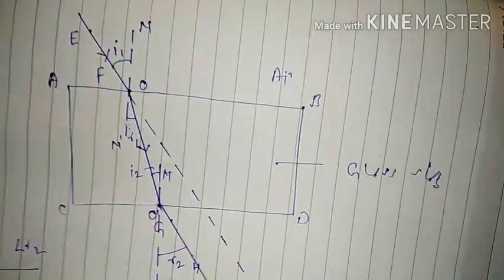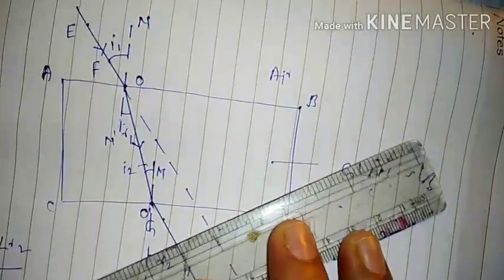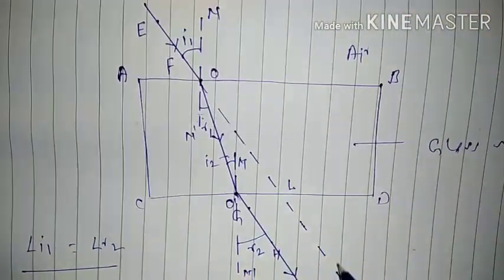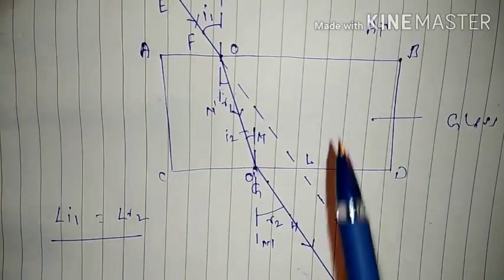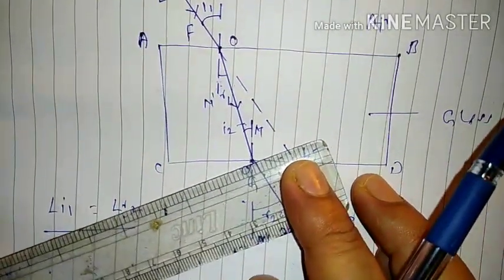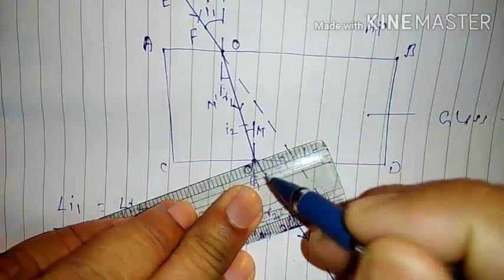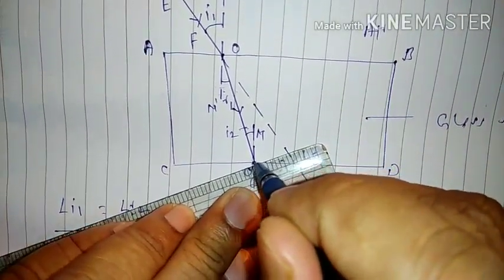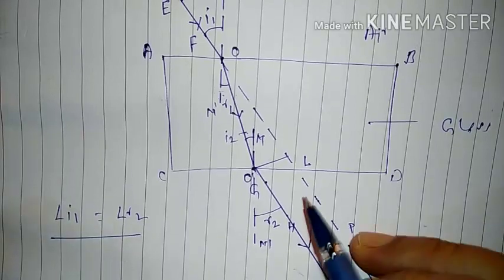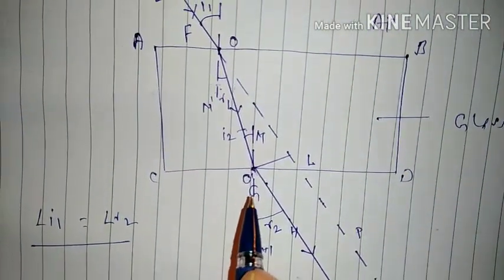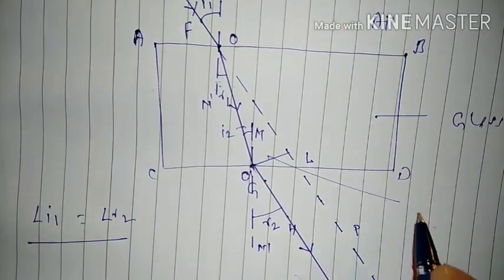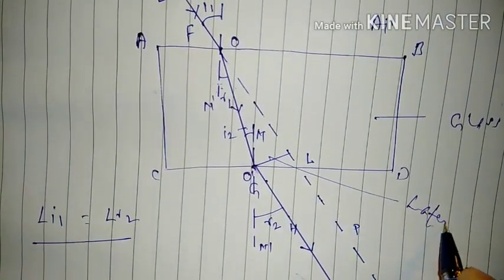This is the path of the original ray of light, and this is the path of the refracted ray of light, and the distance between these two is called lateral displacement. So the distance between the original ray and the emergent ray is called our lateral displacement.